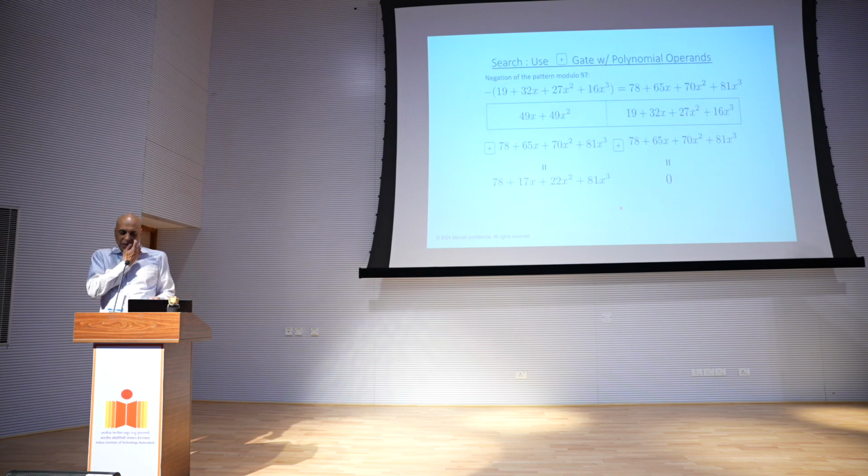Okay, so how are we going to see if this pattern exists in the target? We're going to use our circuit-based definition, or express the search function rather as an arithmetic circuit using the plus gate. So the first thing we do is we get the pattern and we negate it. And as before, when we wanted to negate 3 mod 5, we got 2.